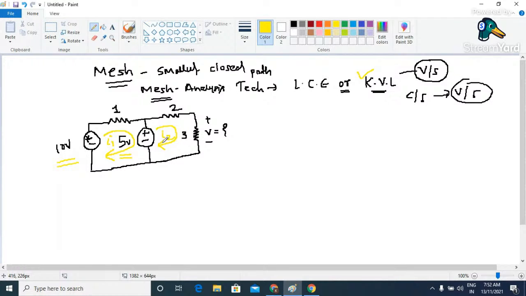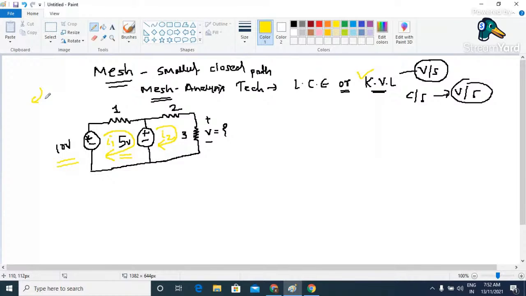Someone may take the current in anti-clockwise direction, or I1 in clock and I2 in anti-clock, or vice versa. Depending upon your requirement, just take the current either in clockwise or anti-clockwise direction.